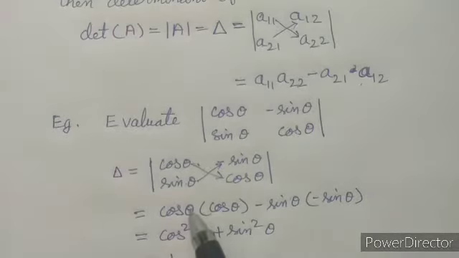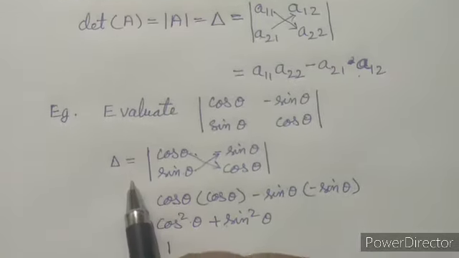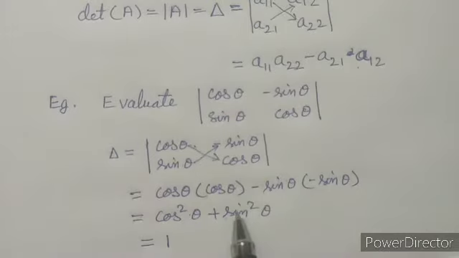Cos theta into cos theta will be cos square theta, minus sin theta into minus sin theta will be plus sin square theta, and as we know, cos square theta plus sin square theta is equal to 1, so the value of delta is equal to 1.